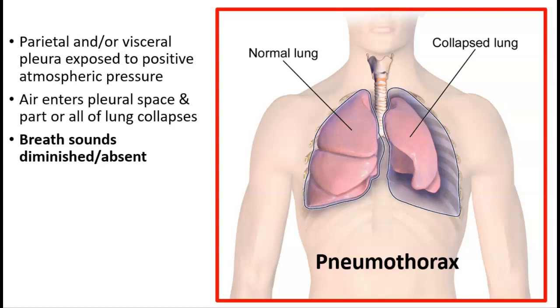So just a reminder there that the pneumothorax can be open or closed. If we have an open pneumothorax, it is appropriate to put that 3-sided dressing on the patient. And if it's closed, we would need to have a chest tube inserted, or a needle decompression if they had a tension pneumo.